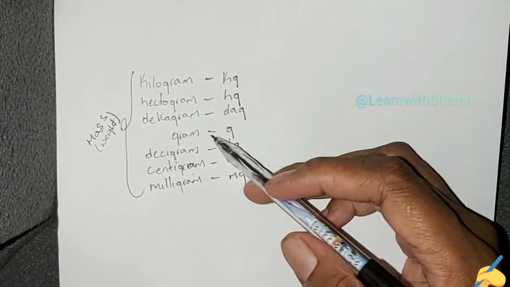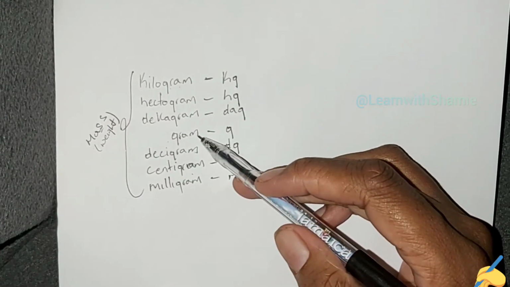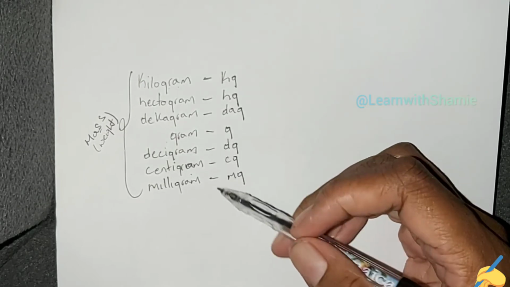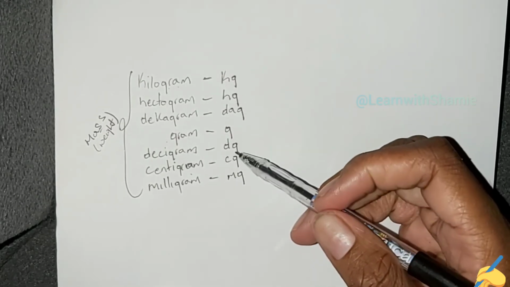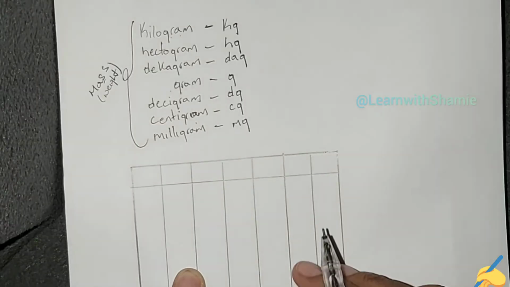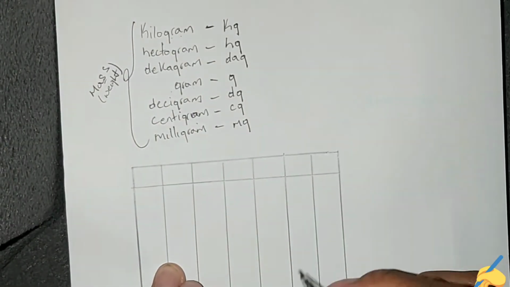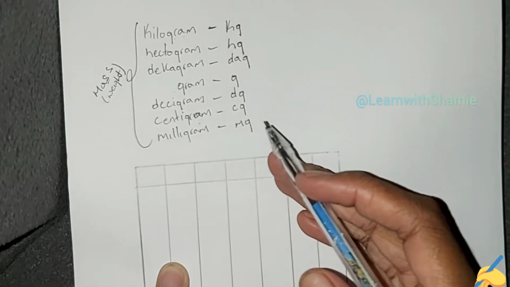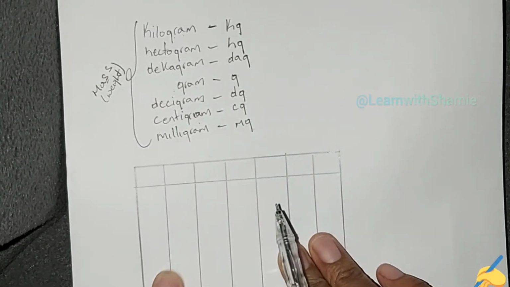So if we start with the base unit, you can then make the other units smaller or larger by powers of 10. So here we have a table. We're going to use this table to show you how you'd make each unit smaller or larger by powers of 10.